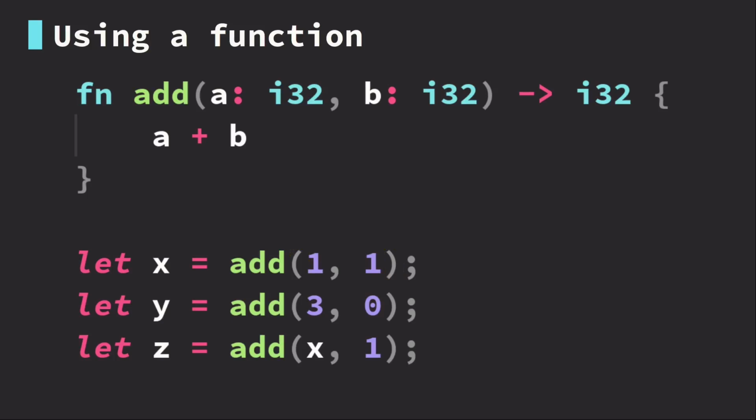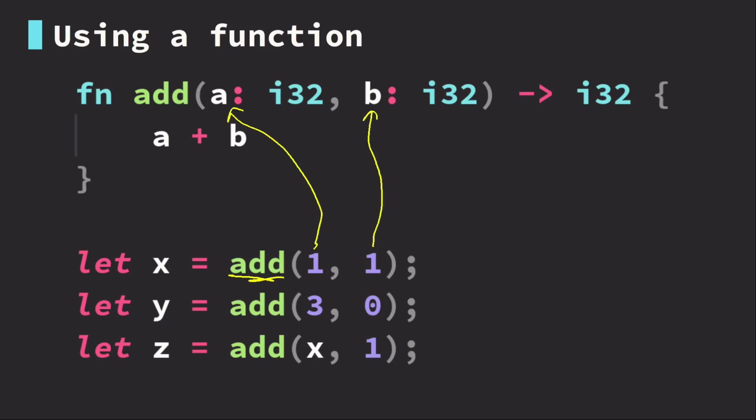These values that are provided to the function are called function arguments. So the argument for the a parameter is 1, and the argument for the b parameter is also 1. So when we call this add function, this one here will go into this a, this one here will go into this b.